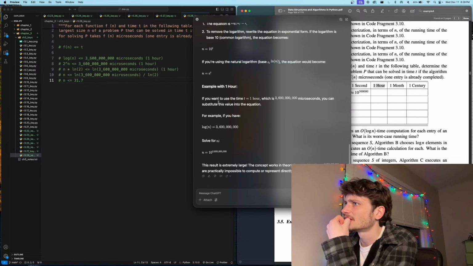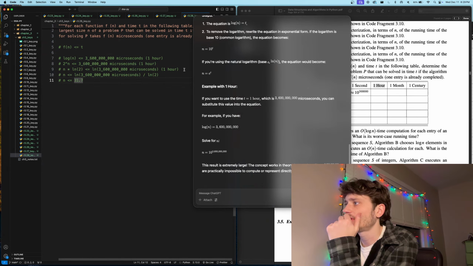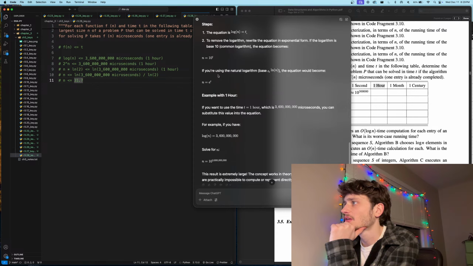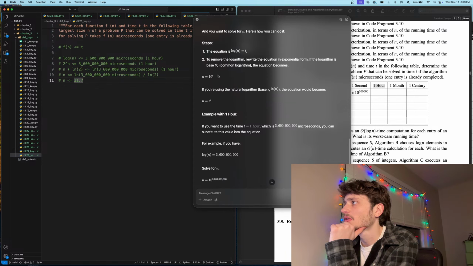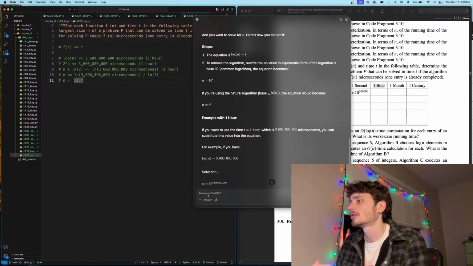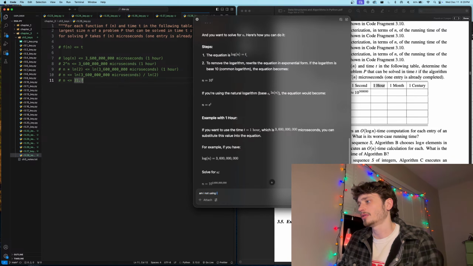What? Log base 10? Solve for n? What did I do wrong here? So they didn't take any natural log. Am I not using log base 2?